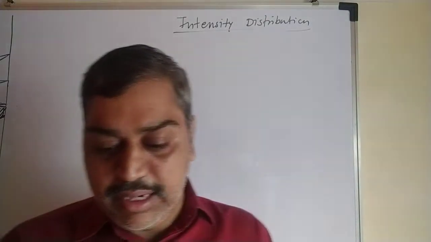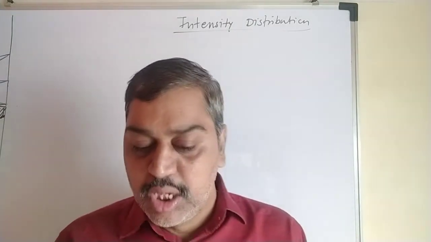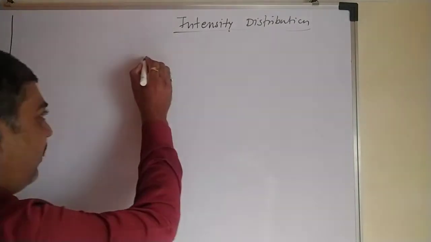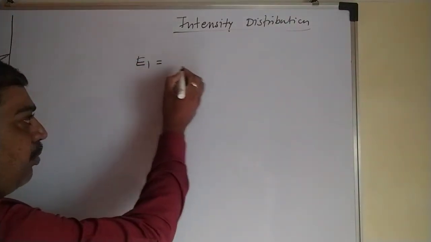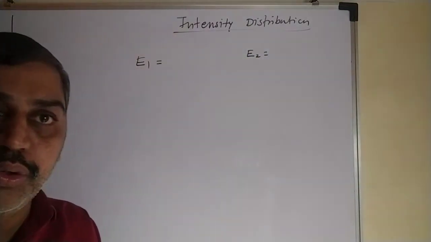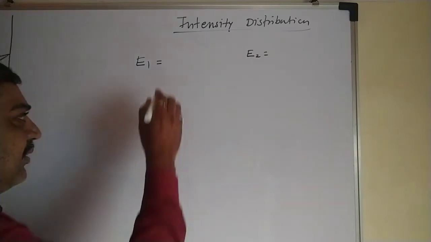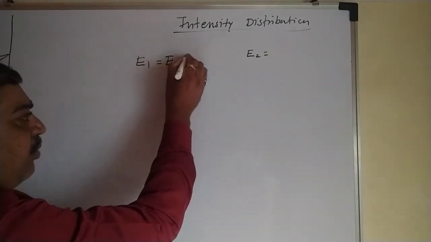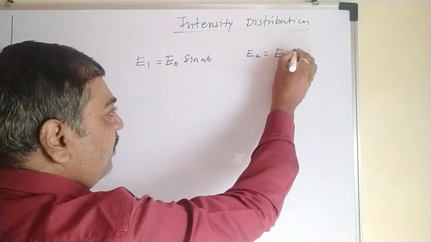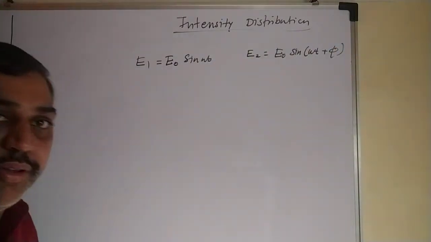So for this, let us consider two sources, as we have seen in interference. Two sources are required, S1 and S2. The two waves coming from S1 and S2 are represented by the equations E1 and E2. From S1 it is E1, from S2 it is E2. We can write E1 equal to E0 sine of omega t, and E2 equal to E0 sine of omega t plus phi. Now this phi is the phase difference between the two waves.